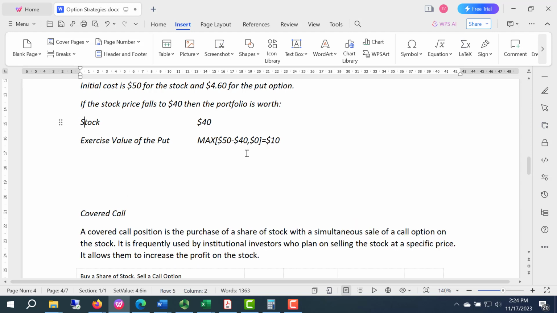So the total value of my portfolio, if the stock price falls to $40, is $50.